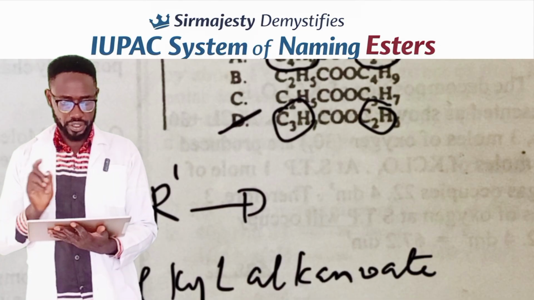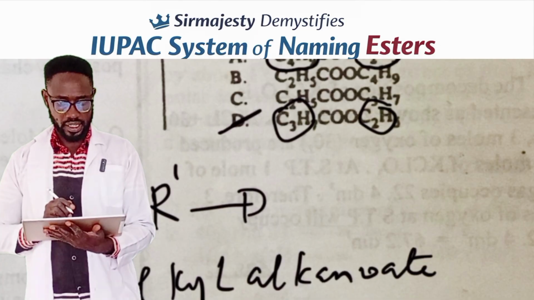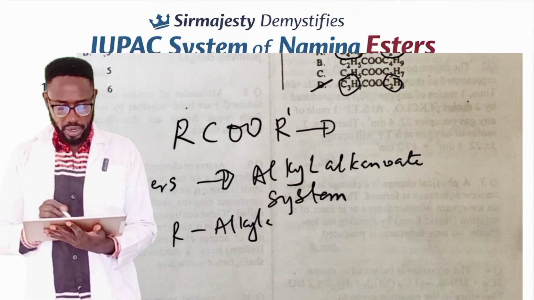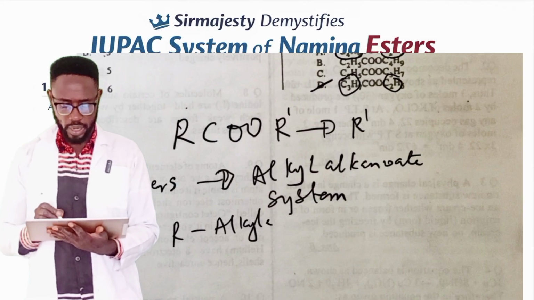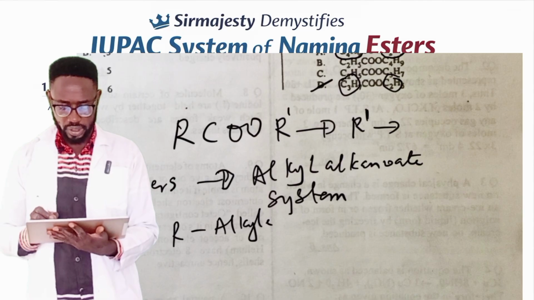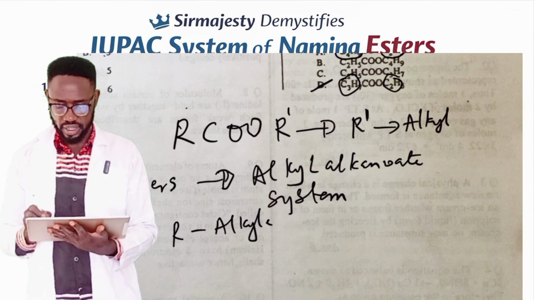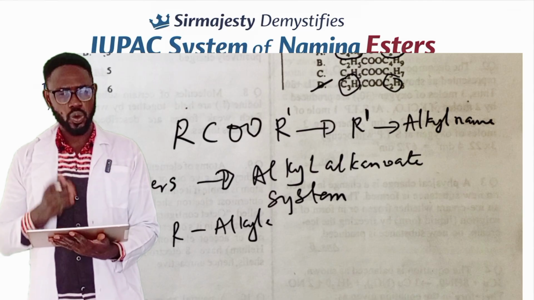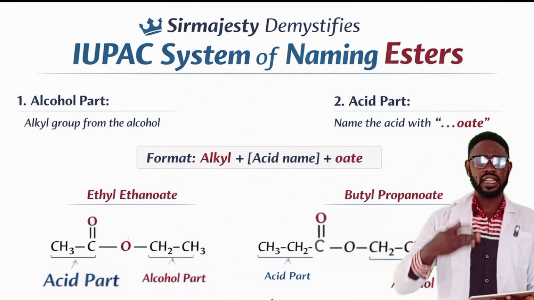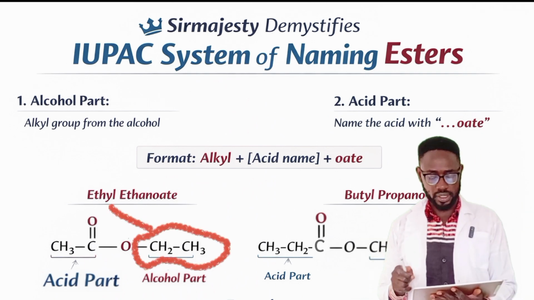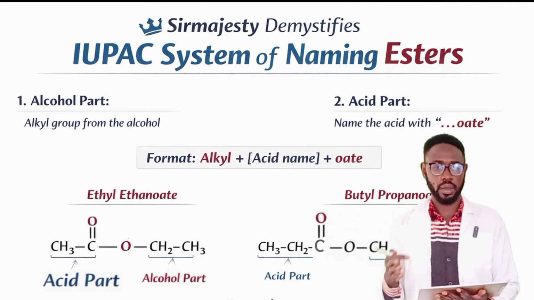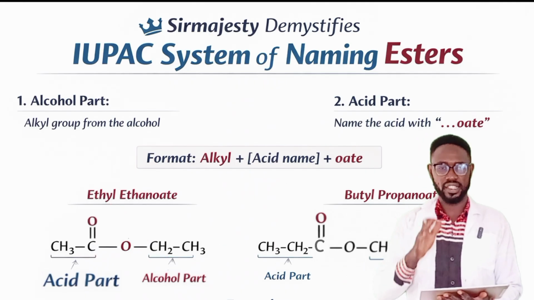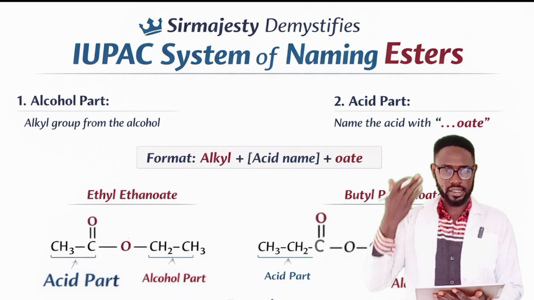You name the alkyl first. Alkyl Alkanoate is what I said. So the last R, this R prime, takes the alkyl name. Class, what does this mean? If you see two carbons in the last R, you call it ethyl. If you see three carbons, you call it propyl. Remember, 1 is meth, 2 is eth, 3 is prop.